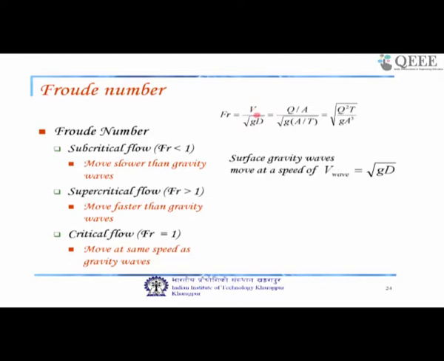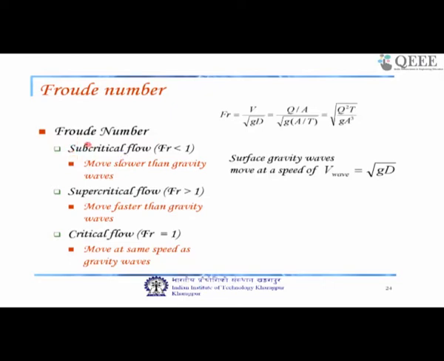So, we can represent this V in terms of Q by A, and D we can represent in terms of A by T. So, finally, we can get this expression for Froude number, which is Q square T by g A cube, and using this Froude number we can define different types of flow.